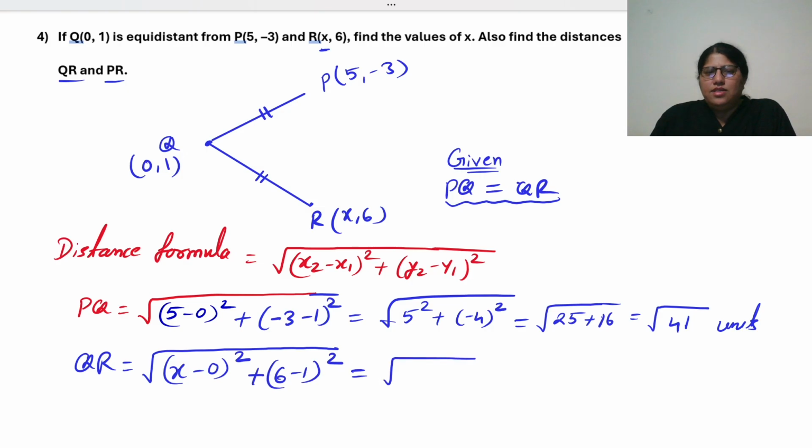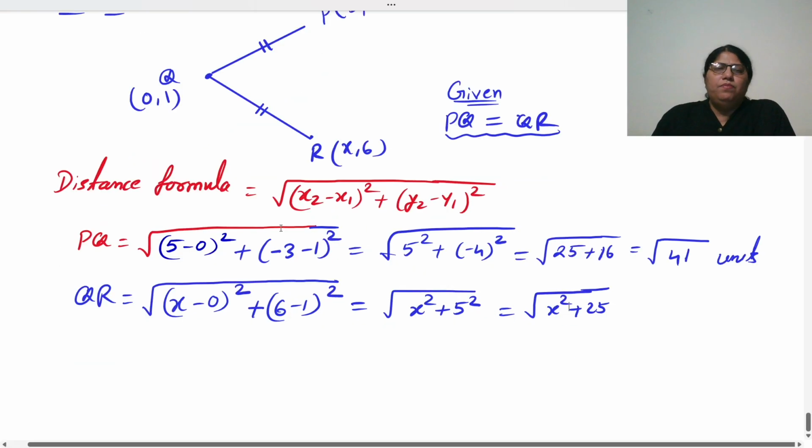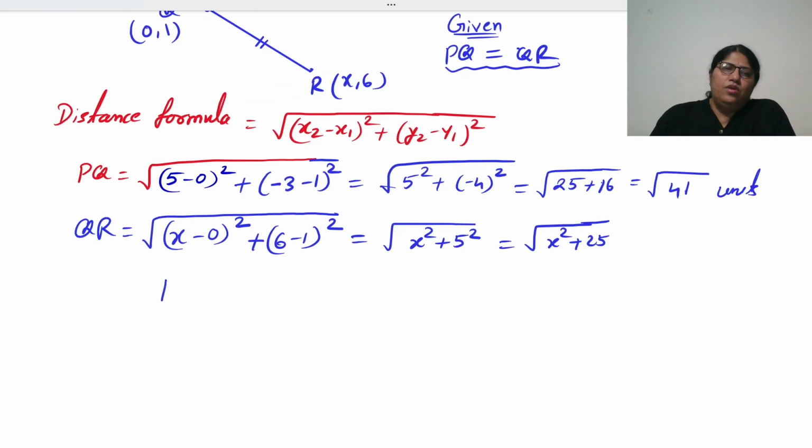Which is nothing but x square plus 5 square, which is root of x square plus 25. Now it's given that PQ is equal to QR. So equate those two values: root of x square plus 25 equals root 41.